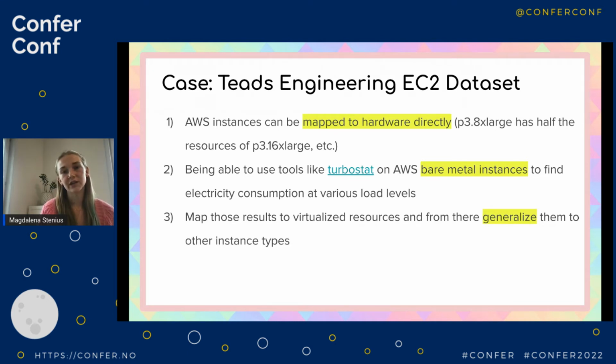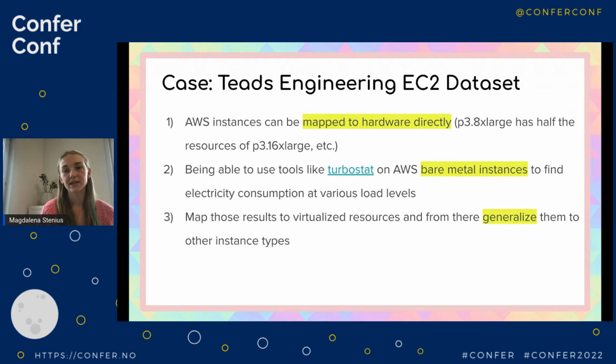What Teads Engineering had found in this field was that AWS instances are virtualized in such a way that they can be directly mapped to the hardware. A specific hardware is always allocated to a specific instance.